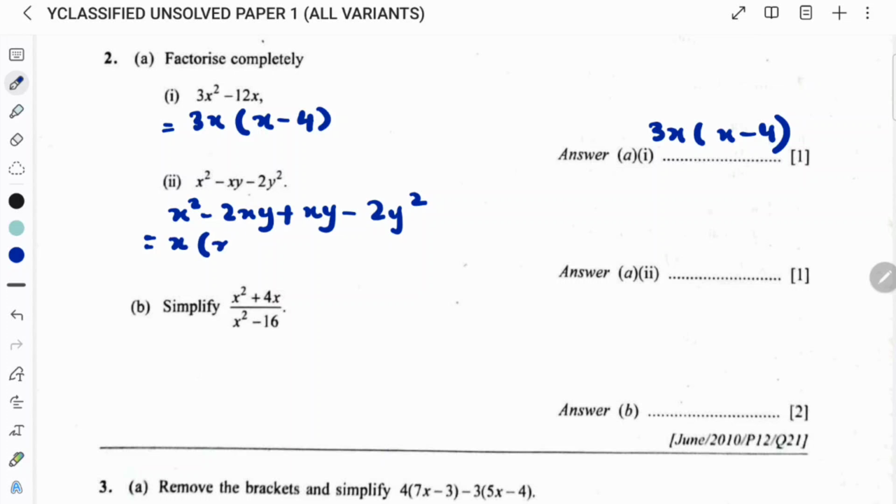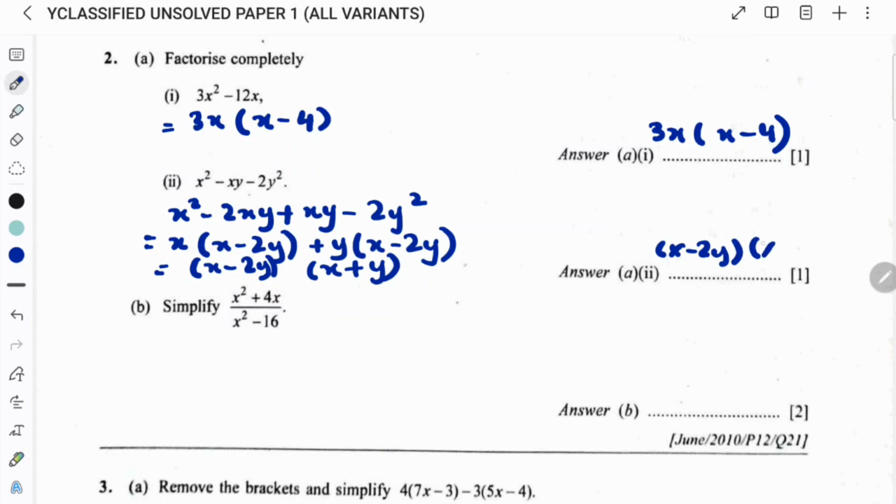Then x minus 2y is left and plus y common and x minus 2y. So you got the same brackets, x minus 2y and x plus y left. Okay, so this is x minus 2y and x plus y.